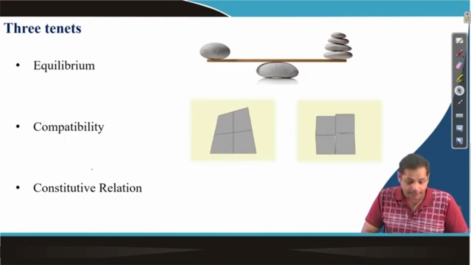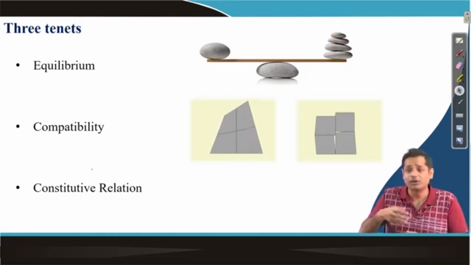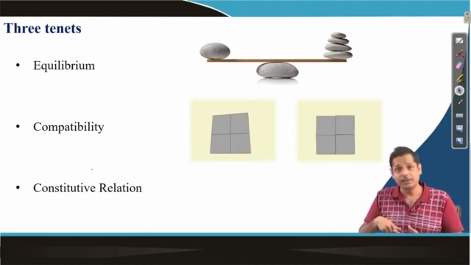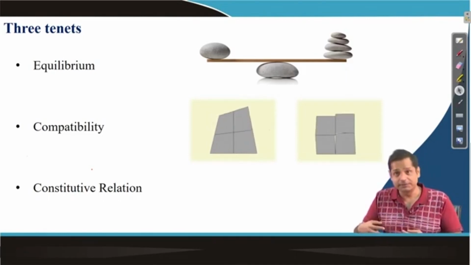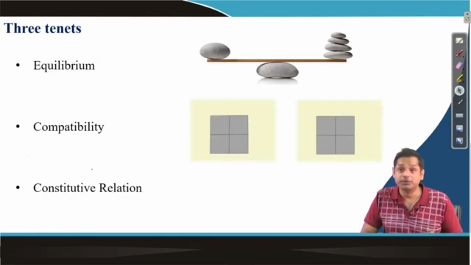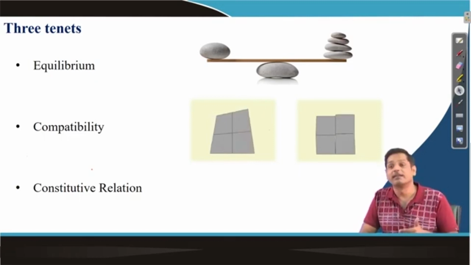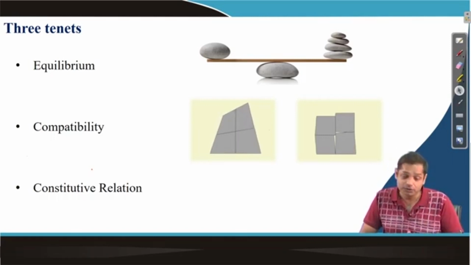So the first gives you how the forces or stresses are related among each other. The second gives you how the displacements or strains are related among each other. And the third one, the constitutive relation, tells you how forces and displacements, or stress and strains, are related to each other.